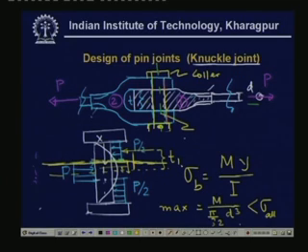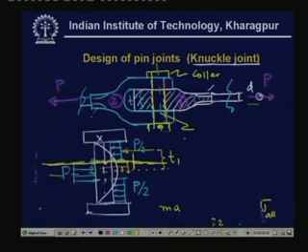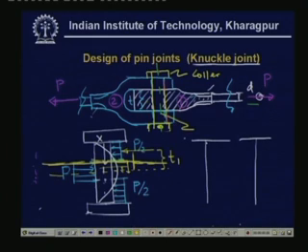For example, take these sections along this. We had the maximum shear stress. If you look at the shear force diagram and the bending moment diagram, this is Vx, this is Mx, positive here.